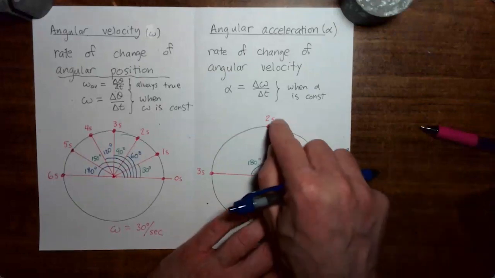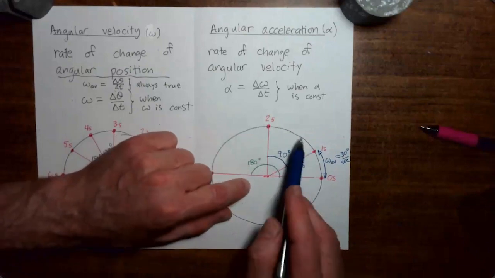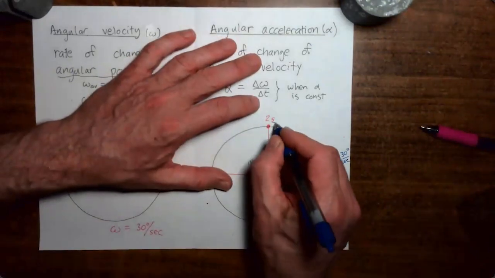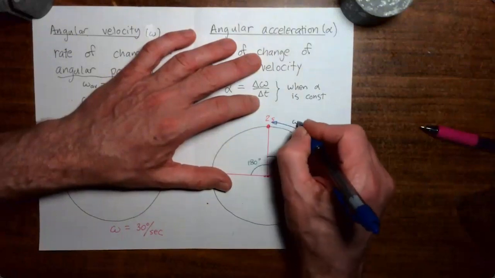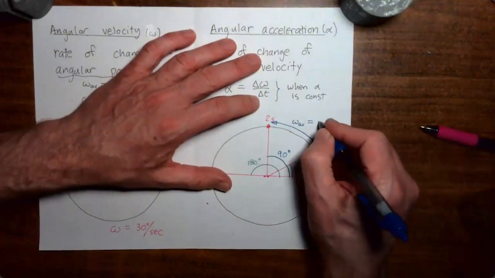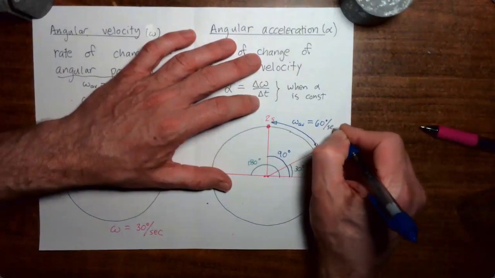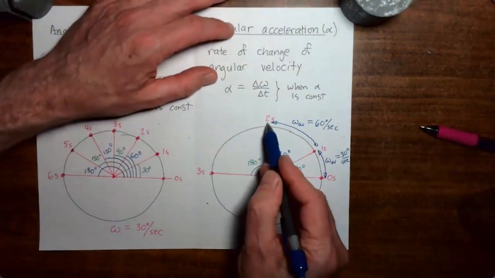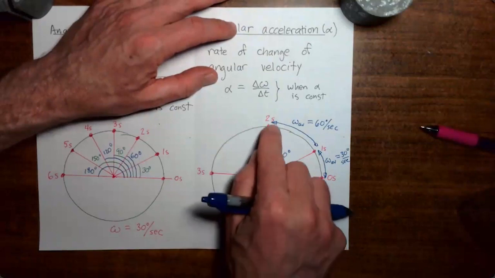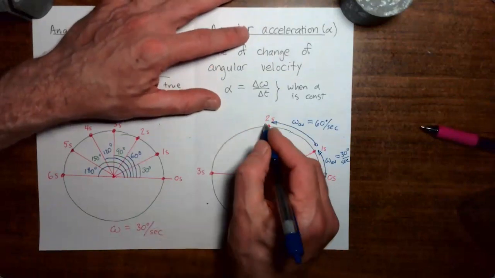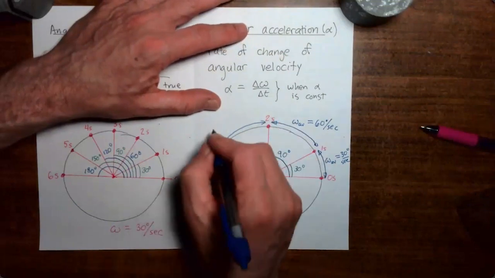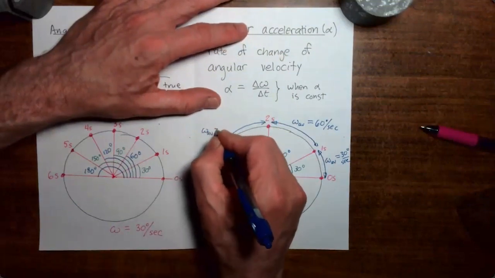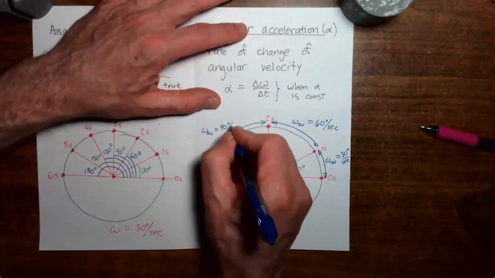In the next 1 second time interval, I went through 60 degrees in that 1 second. So my average angular velocity for that time interval would be 60 degrees per second. And then in that last 1 second time interval, I went through 90 degrees in 1 second. So my average angular velocity for that last second of motion would be 90 degrees per second.